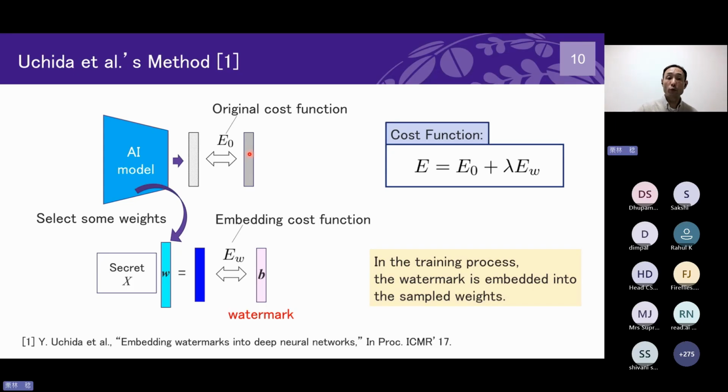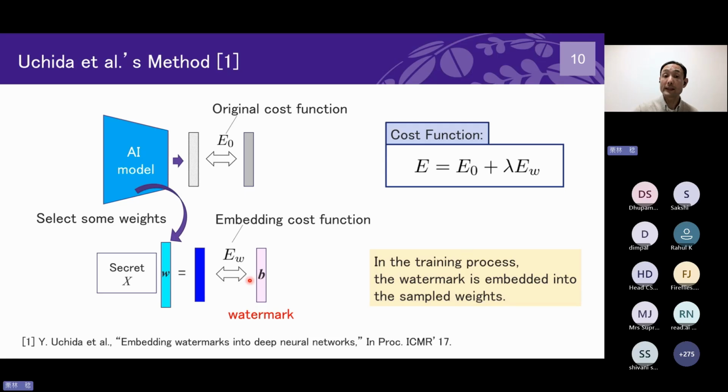In the case of watermarking, some weight parameters are extracted, and the product with a secret matrix X is calculated, and an output is produced. In this case, the output should be close to the watermark information. So this is a watermark sequence, and the output should be close to the watermark.